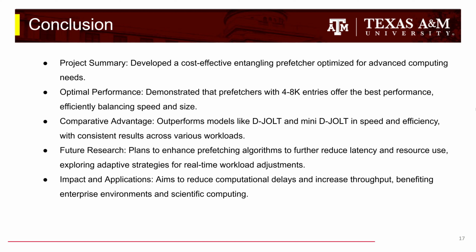This strikes the perfect balance between quick processing and resource management. Our prefetcher outperforms traditional models, offering faster performance and better consistency across different computing environments. This means our technology can significantly enhance everything from corporate data centers to complex scientific simulations.